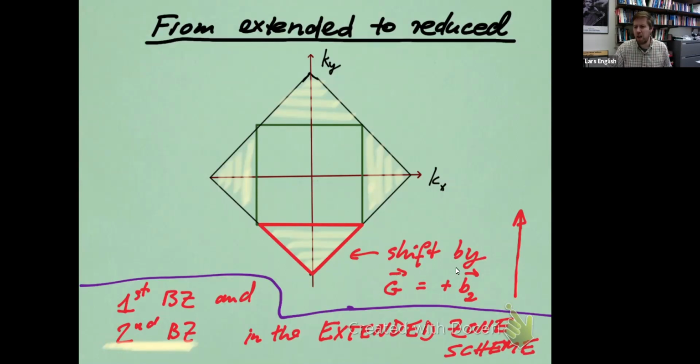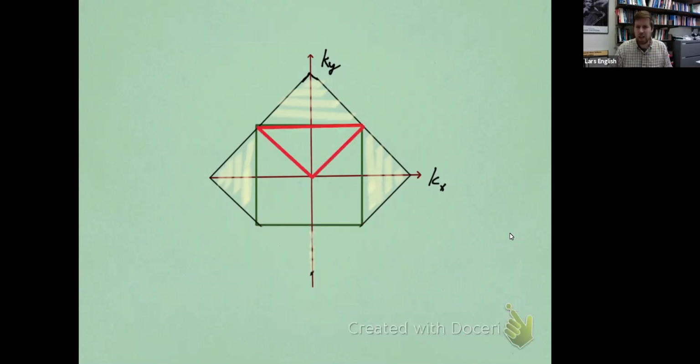And here it's clear that we have to use the b2 from before, the reciprocal lattice vector that points up. So I'm going to take this area and shift it by this reciprocal lattice vector, which I'm allowed to do according to the Bloch theorem. Okay, so what happens? Well, it's gone down here and it now reappears up here.